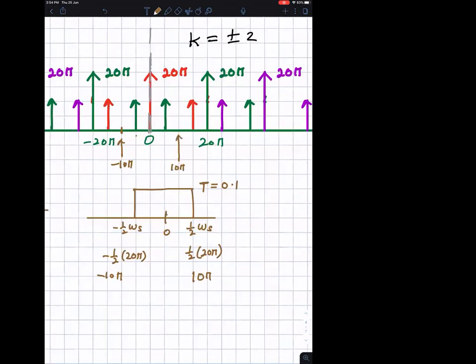So you just go ahead and put the filter. It doesn't have to be to scale. It's on a different scale. As long as you mention its amplitude is 0.1.